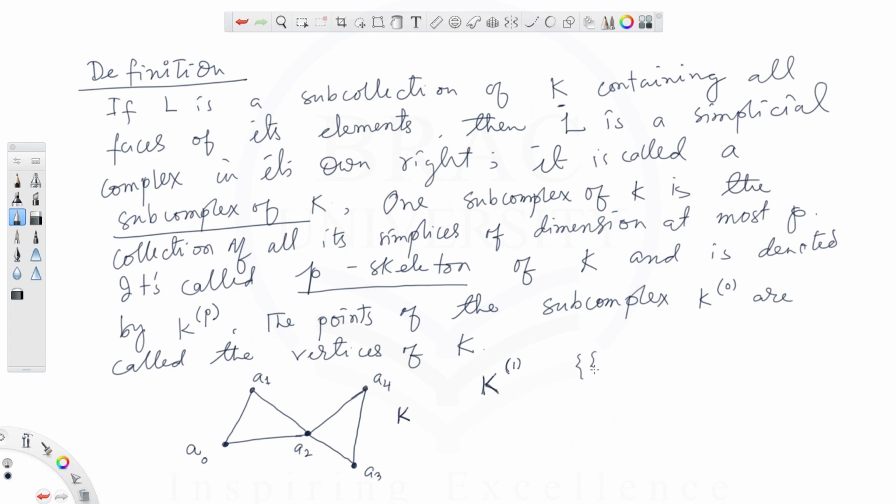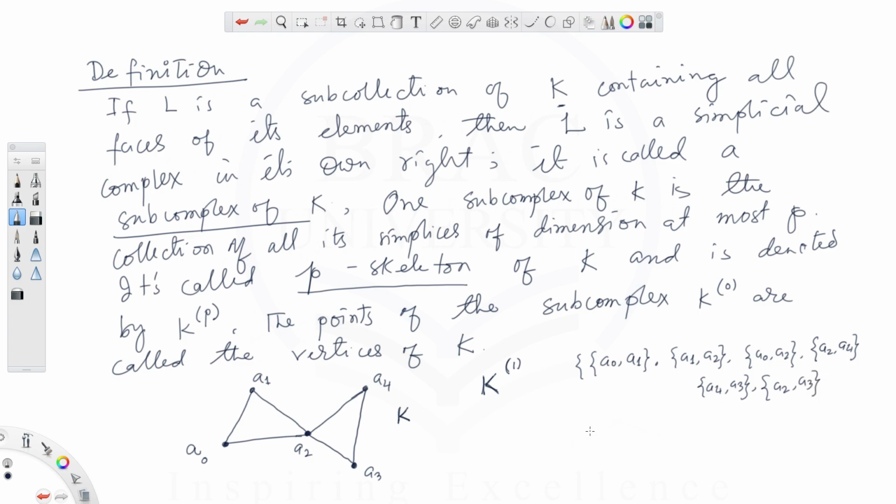It is a collection of A0A1, A1A2, A0A2, and A2A4, A4A3, A2A3.